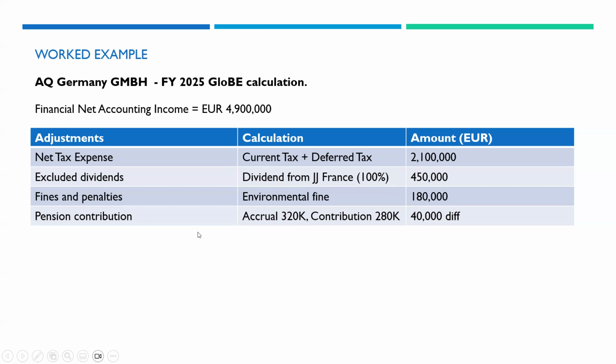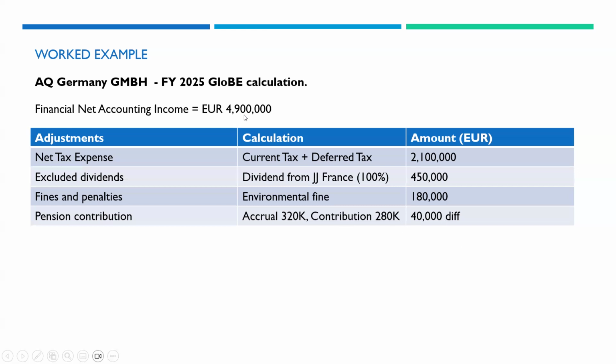Then pension contribution: the accrual is 320, but the contribution is 280. So there is a 40,000 difference. What do I do? I told you for pension contribution, we can only take the contribution amount, not the accrual amount. So 320 is taken as a deduction, so I will add back 40 so that the deduction is only 280K.